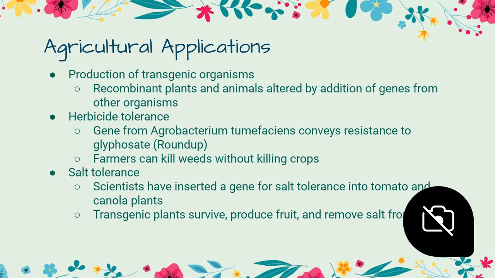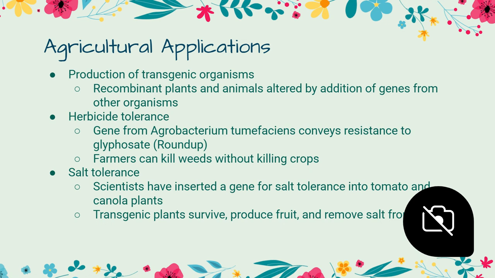So we can see things like herbicide tolerance, where genes are added so farmers can kill weeds without killing crops, right? So the gene from agrobacterium conveys resistance to Roundup. So if we put that gene in our corn plants, then we can kill the weeds around the corn and not kill our own food supply.